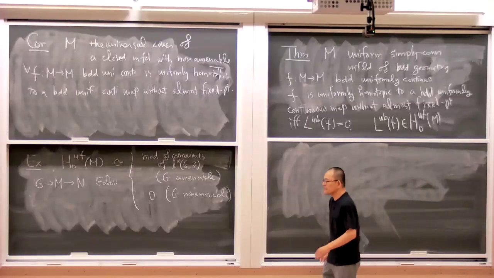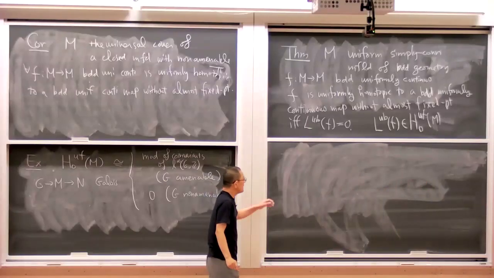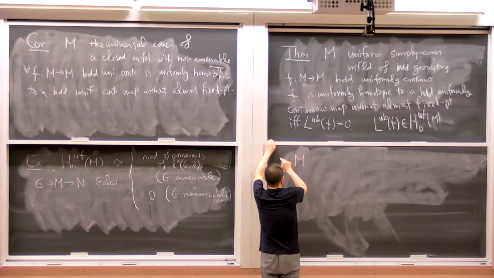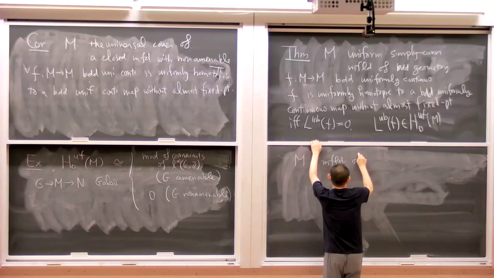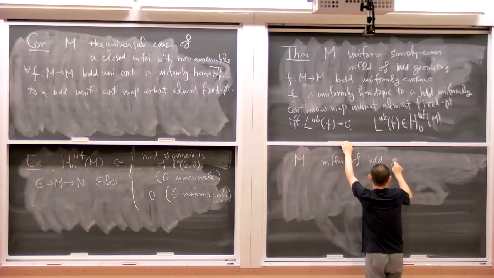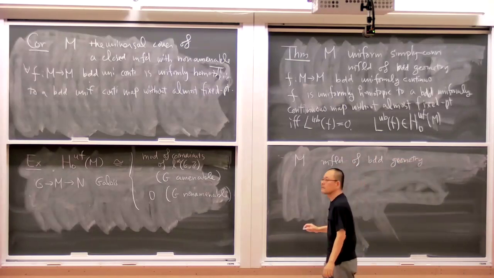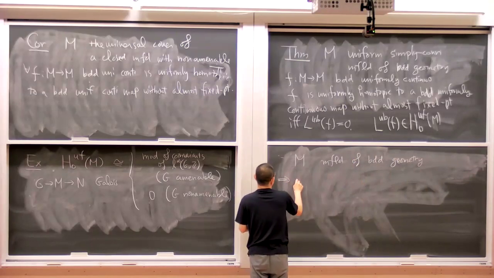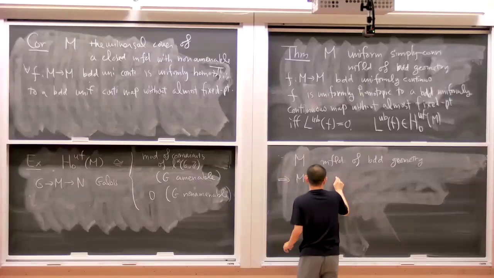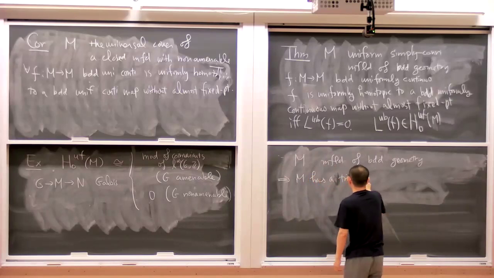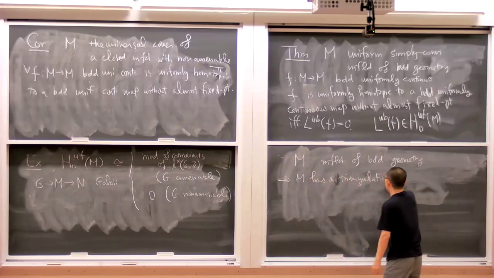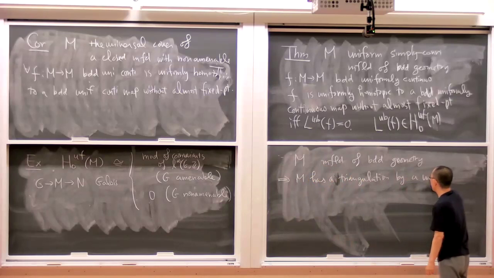It's based on this well-known result: if M is a manifold of bounded geometry, then it has a triangulation by a uniform simplicial complex.